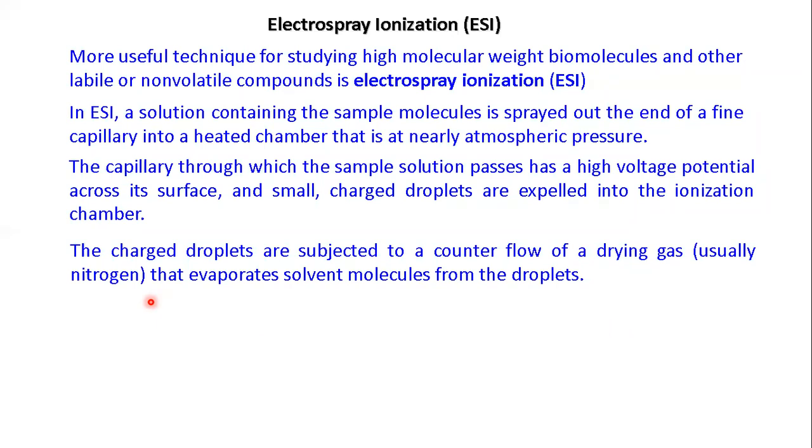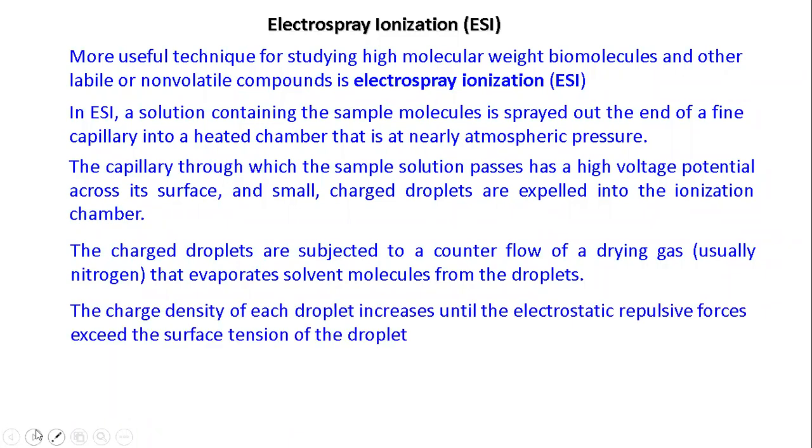Now the droplet of charged molecule is coming out. What is done extra here is that you have an external flow of inert gas, so that the solvent you have used will try to evaporate. The droplet is losing the solvent when you put the external blow of gases.